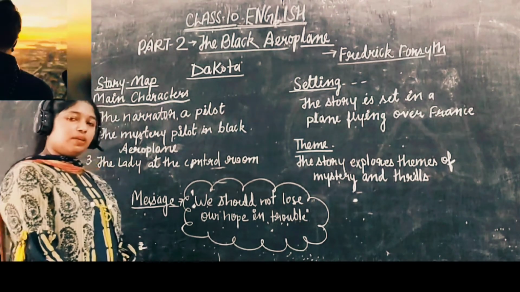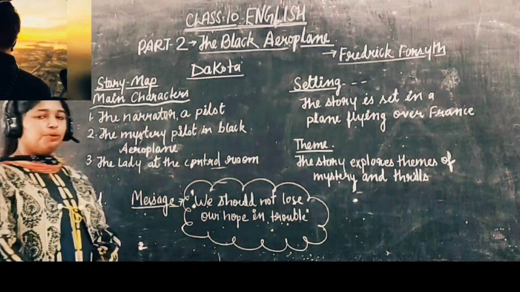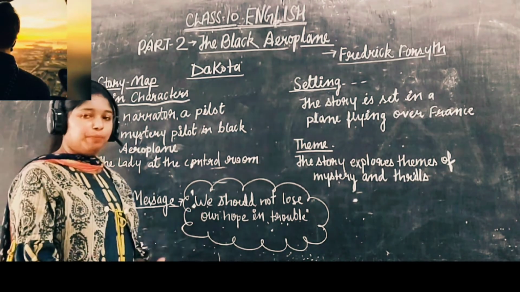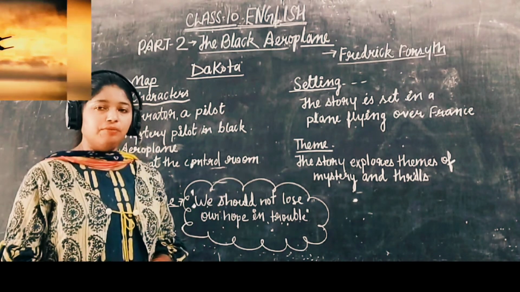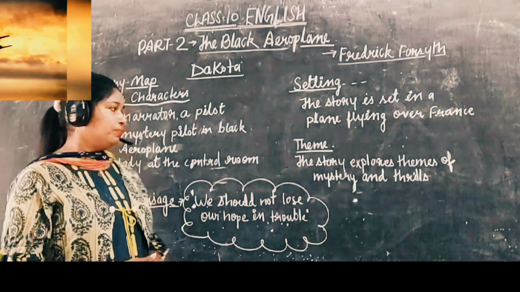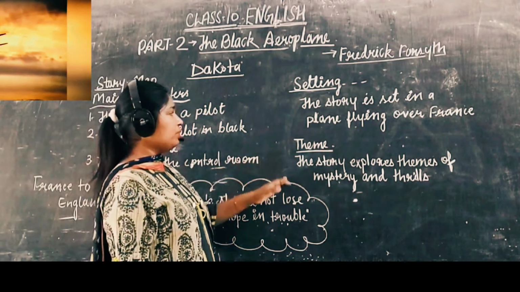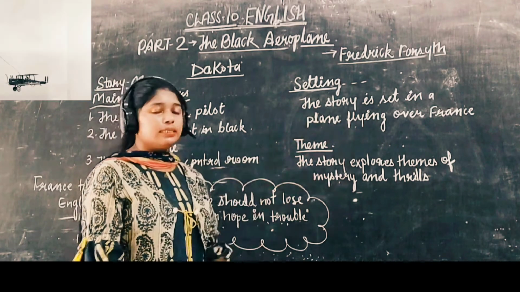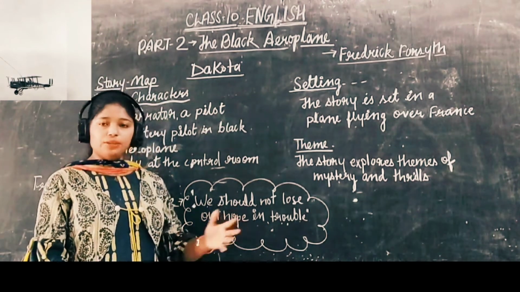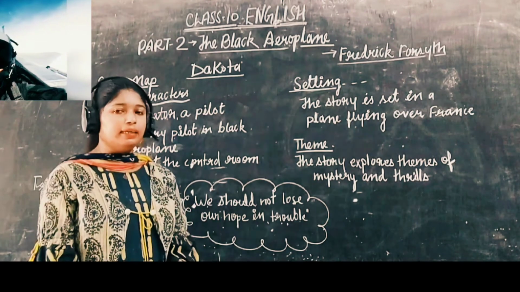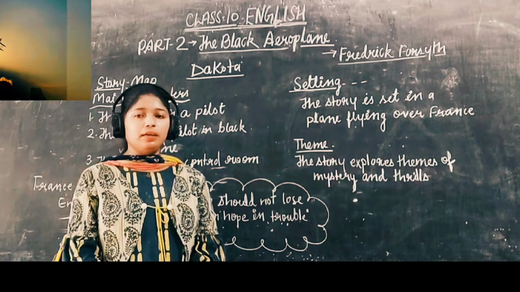And the third character is the lady in the control room whom he was trying to contact when he was stuck in the storm. Now let's see the setting of the story. The story is set in a plane flying over France. The narrator, the pilot, was flying over France to reach England.